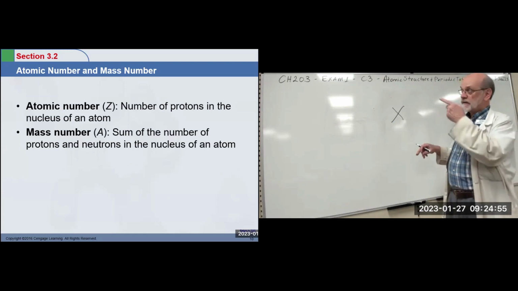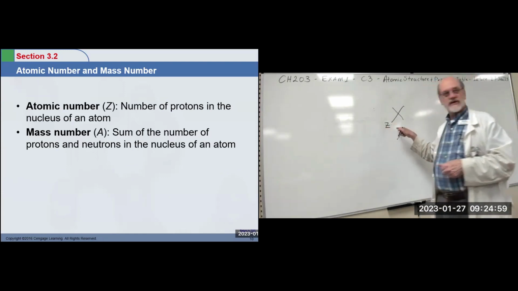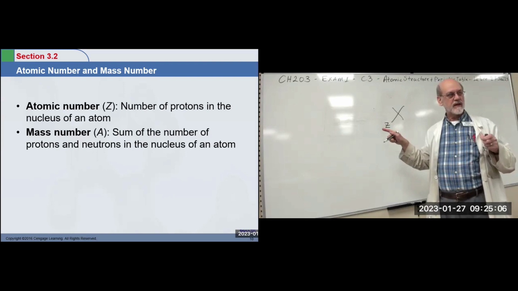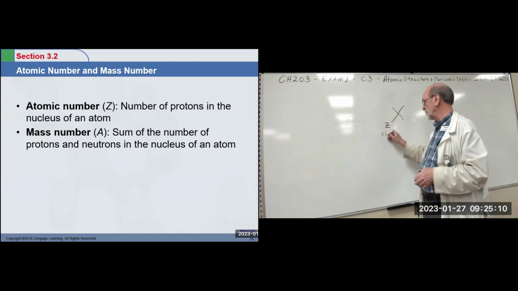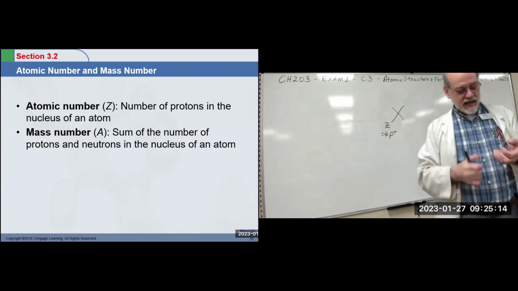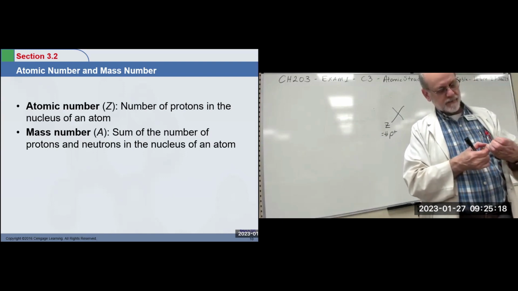The first one is Z. That position, if we put a number there, says what is the atomic number of the element, which is equal to the number of protons. And that is unique for every element.